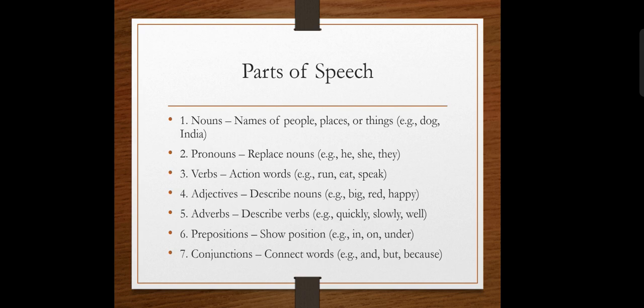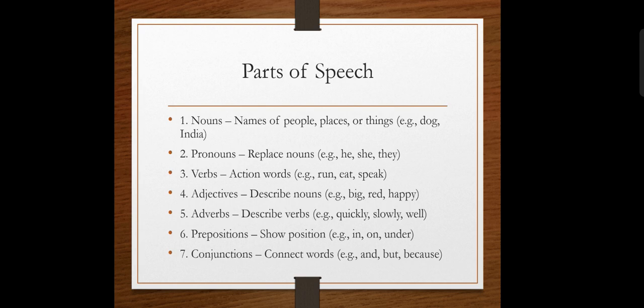Let's move on to the parts of speech. All words in English belong to different categories, and we call these categories parts of speech. Let's learn the main ones. Actually, there are 8 parts of speech. So, first of all, noun.